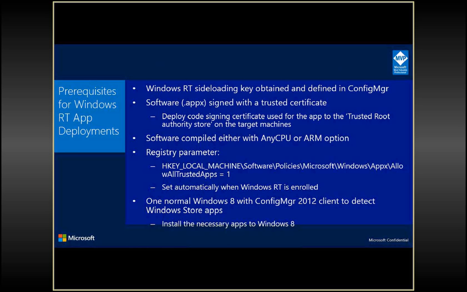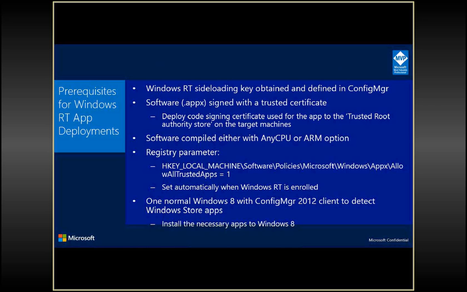Those APPX software packages can run on 32-bit, 64-bit Intel processors or ARM processors. So when the developer deploys or builds the application, the developer can say whether this software will run on any CPU or just, for example, 64-bit Intel processors.